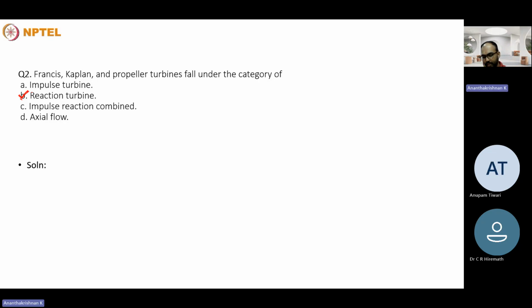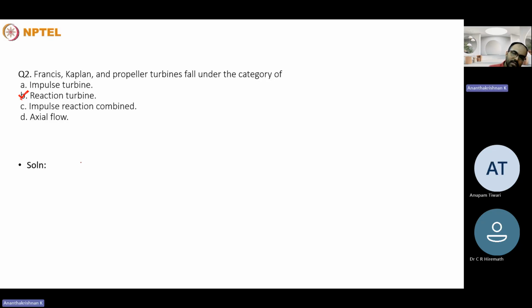Basically, a reaction turbine operates based on Newton's third law of motion. It makes use of both the kinetic energy that is obtained from the height from which the water comes, and also the pressure energy of a fluid as it flows through the turbine blades.